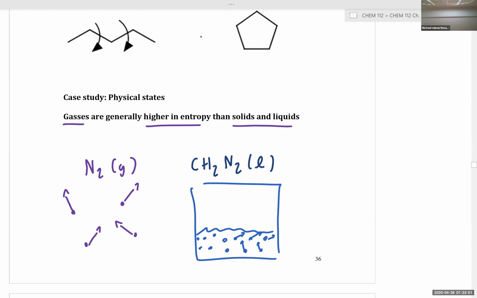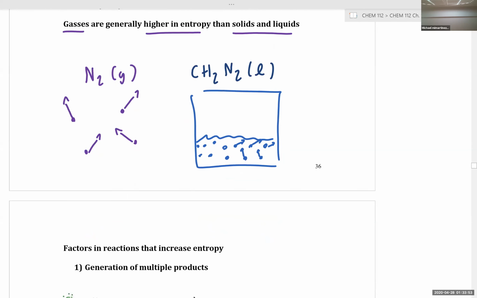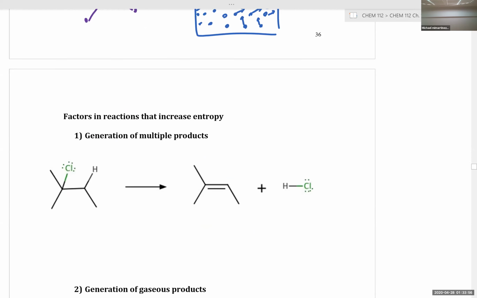Okay, the real reason I'm bringing this up is that there are a few factors in reactions that can increase entropy. So these are aspects of reactions that are favored via entropy.